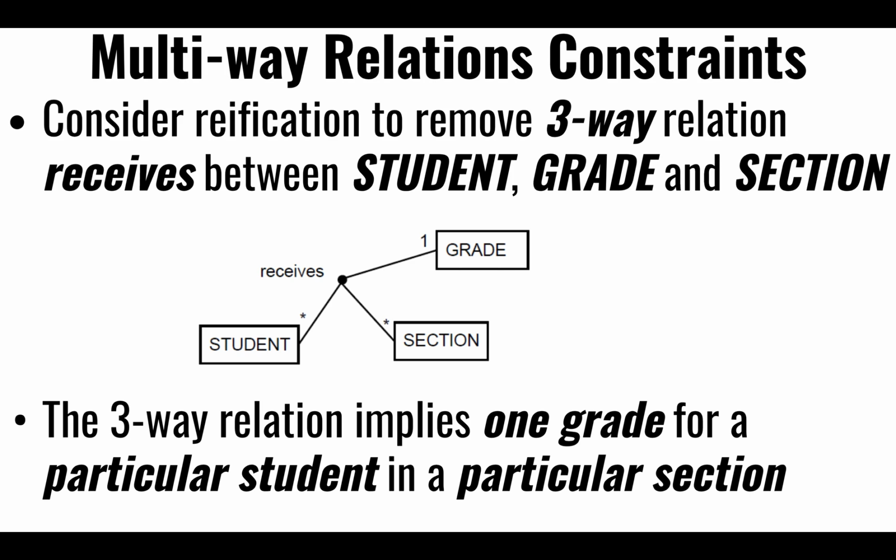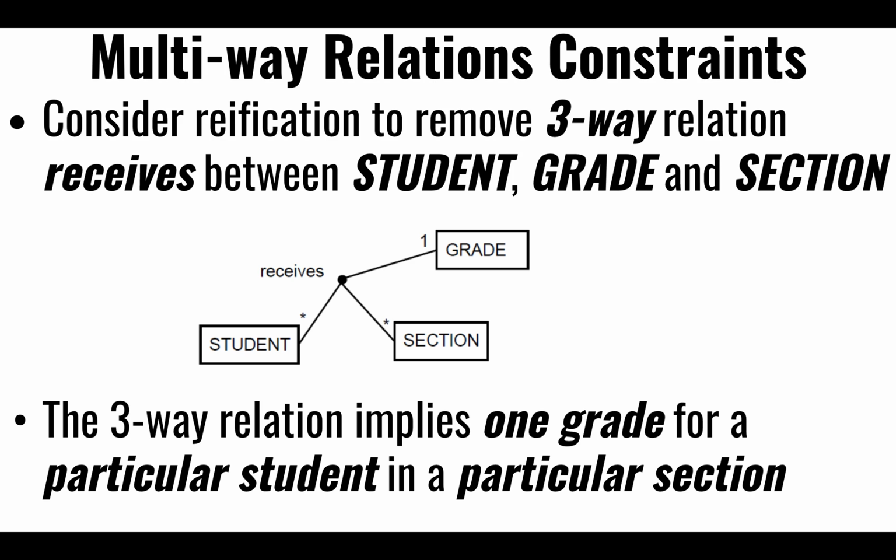Meaning that if I know the student and the particular section that student is in, there can only be one grade, which makes sense. It would make no sense for me to be in the same section twice and have 2 different grades. This diagram doesn't allow that.